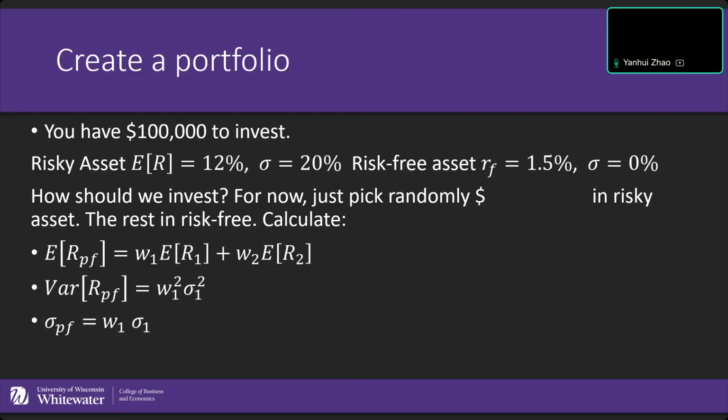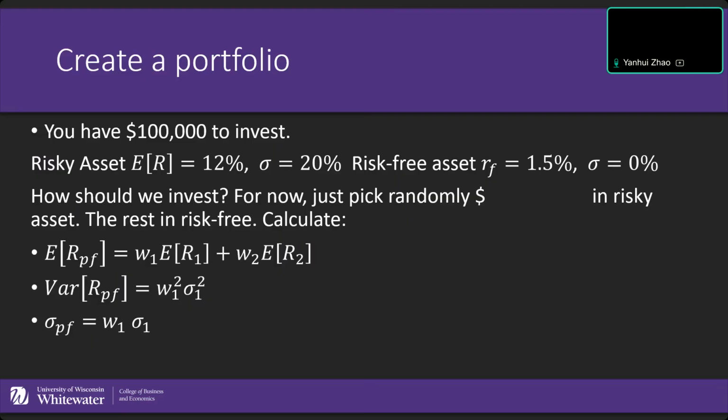And the variance, anyone recall the variance of the two asset portfolio? It equals weight 1 squared sigma 1 squared plus weight 2 squared sigma 2 squared plus 2 times weight 1 weight 2 sigma 1 sigma 2 times rho 1 2.